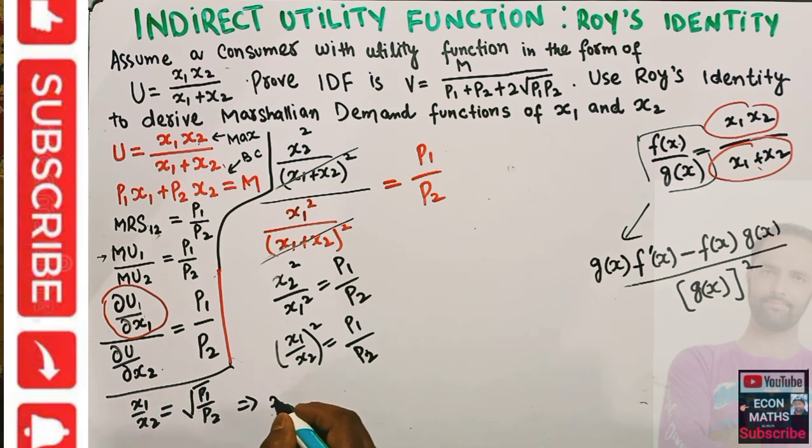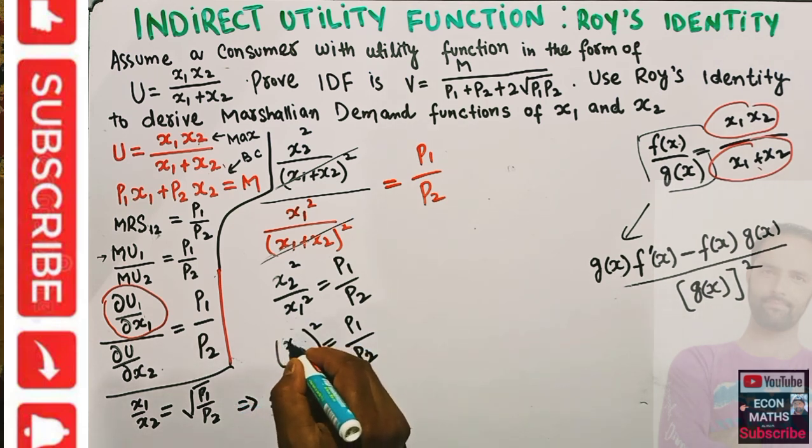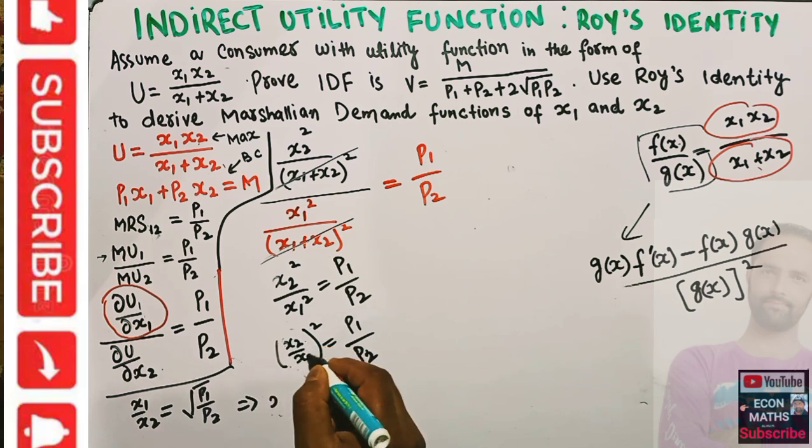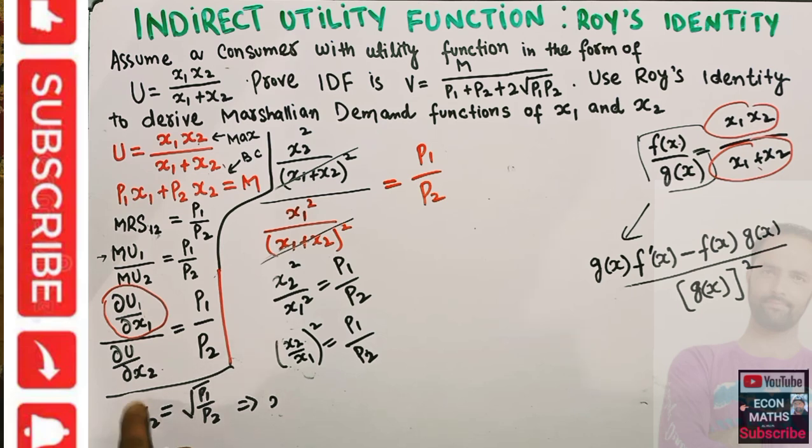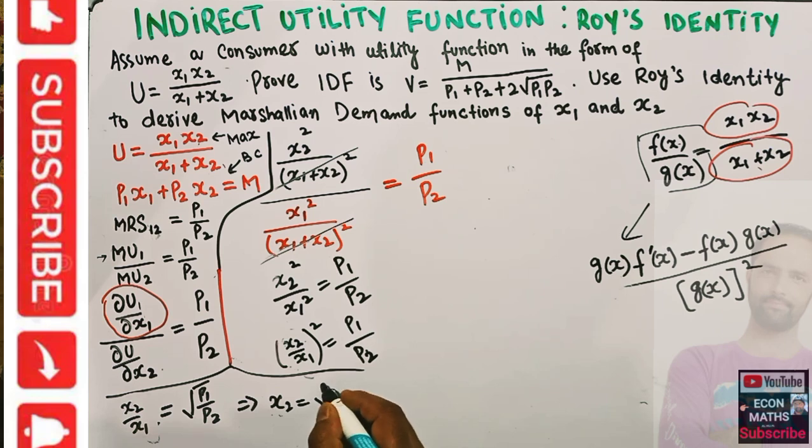So I have written it the opposite way here, so we have x2 upon x1 here. Okay, so we have here x2 upon x1, x2 upon x1 is this, which means x2 will be equal to under root p1 upon p2 into this x1.